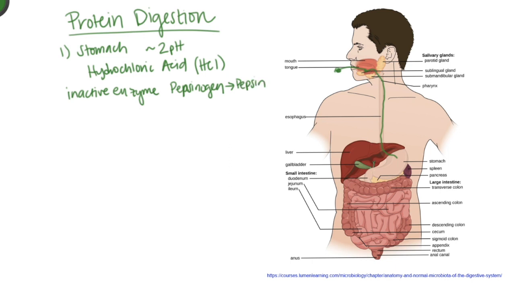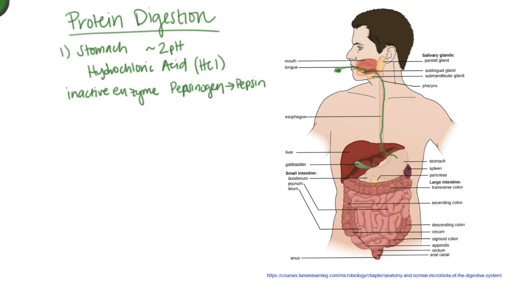The reason we don't really want active enzymes to just be hanging out in the stomach, if you think about having active enzymes that can break down proteins, obviously our stomach is made of a lot of proteins, so we don't really want just active enzymes being around willy-nilly in the stomach, just in case we could potentially damage our own tissues.